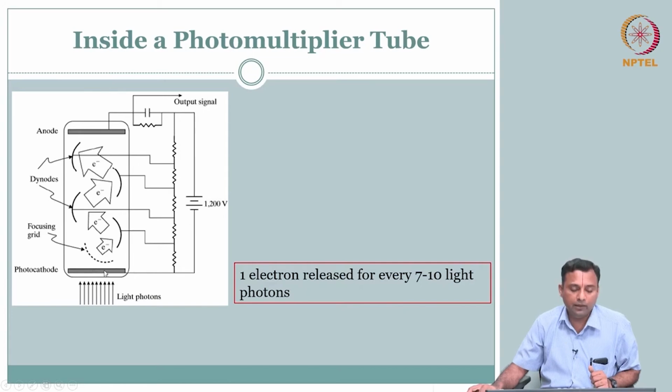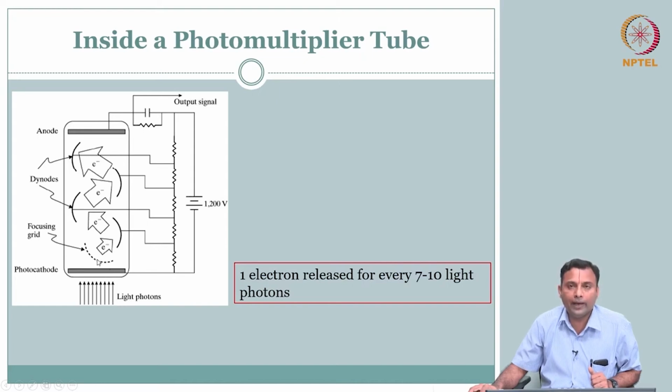Then you see these structures, also called focusing grids. These are dynodes, each kept successively at a higher voltage than the previous one, used to steer the electrons.